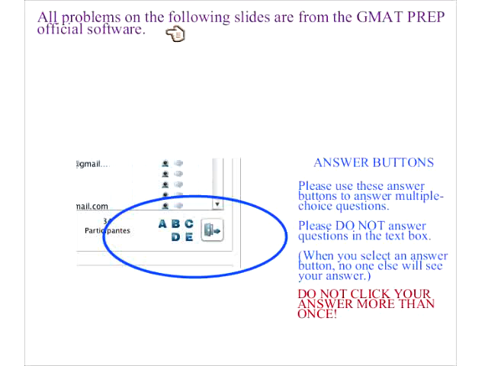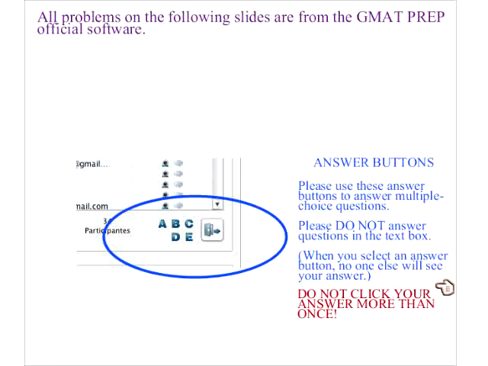Okay, when you answer the problems, please use the answer buttons. You should see those appear right now, underneath the window with all the names in it. When you click those, people will not see what you clicked. Please do not click 2 times.